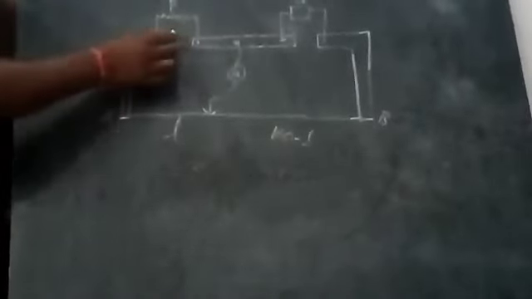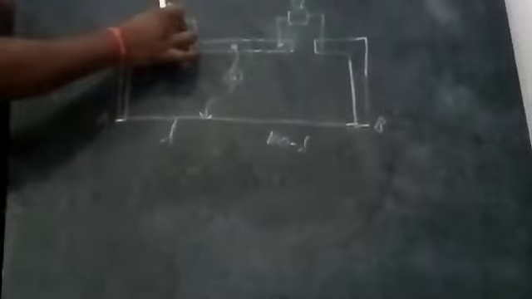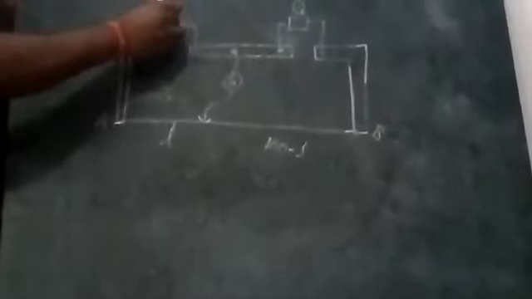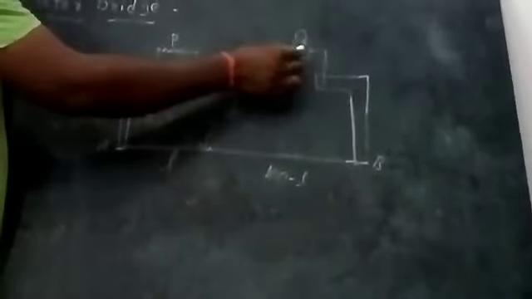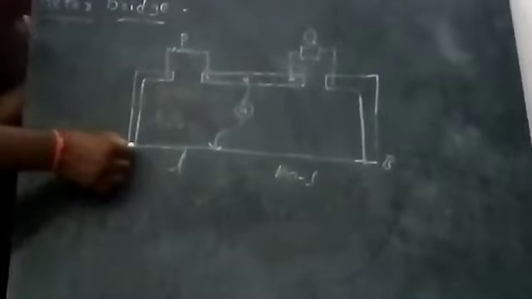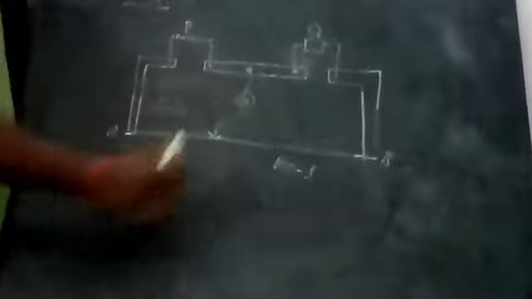In gap 1 I connected one unknown resistance, namely P, because our aim is to find the value of this resistance P only. In gap 2, I connected a resistance box. Now between points A and B, I connected a 1 meter manganese wire.